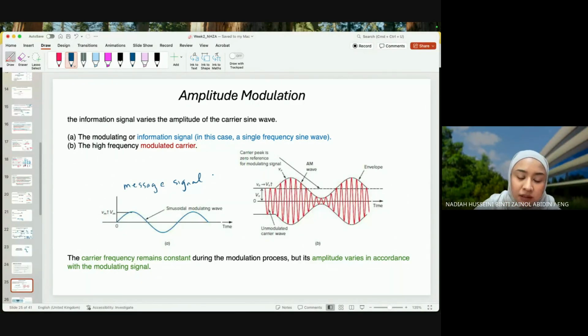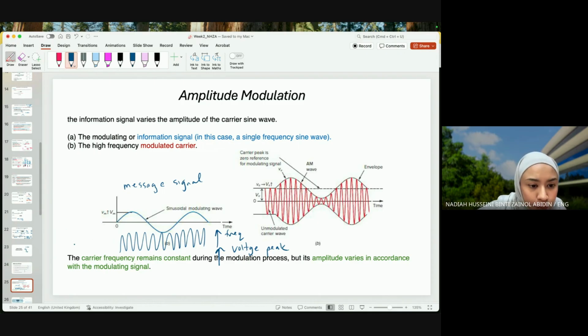To transmit this message, you need a carrier. So how should your carrier be? Your carrier wave must be higher frequency and higher voltage peak than your modulating signal. Carrier wave: the condition is higher frequency than the message wave and higher voltage peak than the message wave.